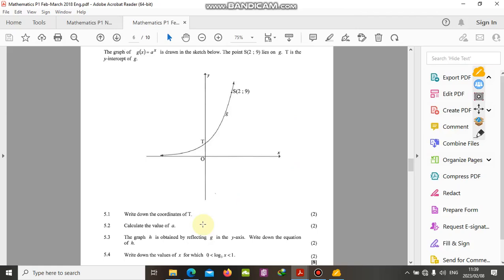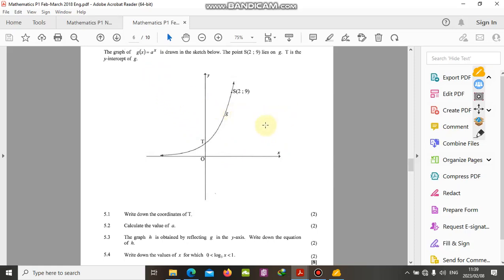Alright. So there's a graph, you can see the graph there. From this graph, you already know that a is greater than 0 because the graph is above the x-axis line. And as you go to the right, the graph increases. This tells us that x is positive. If x was negative, the graph was going to go like that.